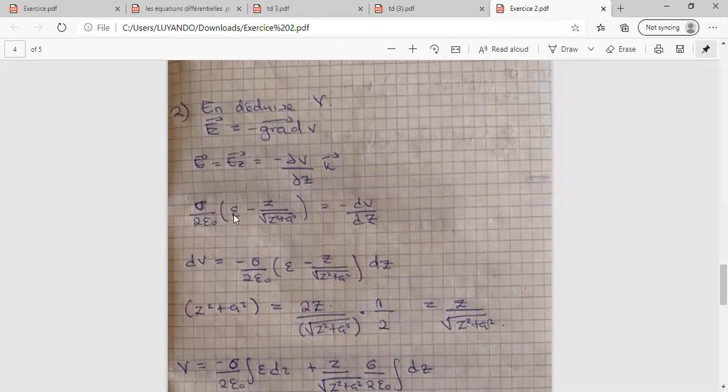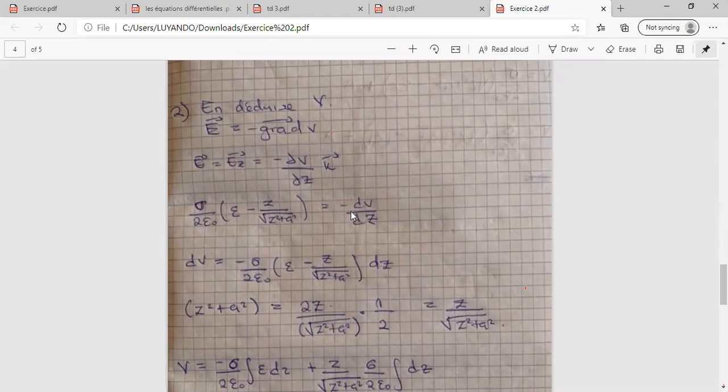Now we're going to have our potential V. We put our expression for the field, and then we have dV over dz in the direction k. The k's cancel, and we're trying to find the potential, so we leave dV alone on the side.